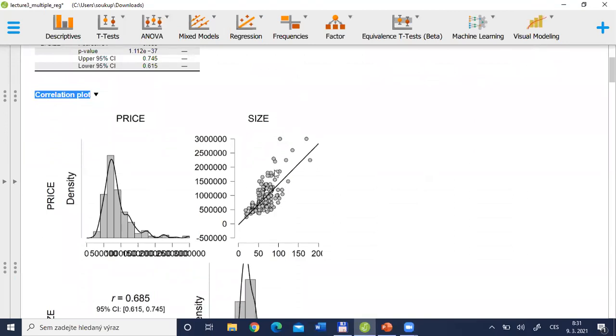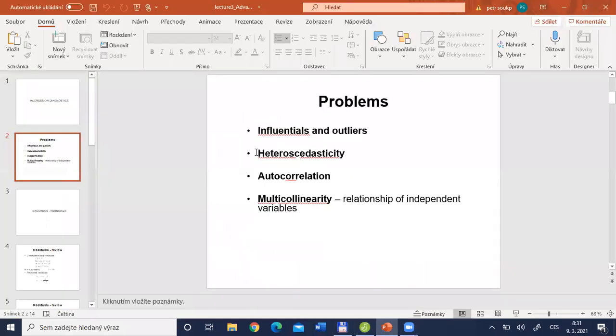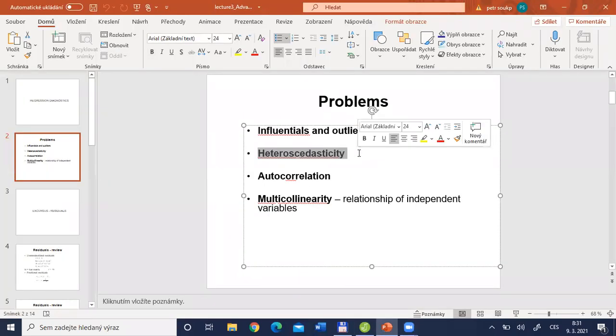It means that the variance is nearly the same around every value of the independent variable. The opposite case would be that these values, for example, would be very close to the line here and very far here, and this would be a picture of so-called heteroskedasticity.